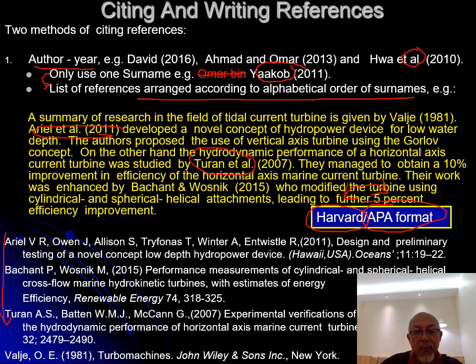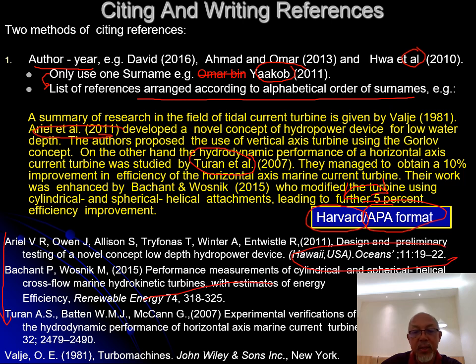Here we write the full citation. Even when there are many names, you have to write them in full. For example, Ariel has all the names, and we have the title and all this.